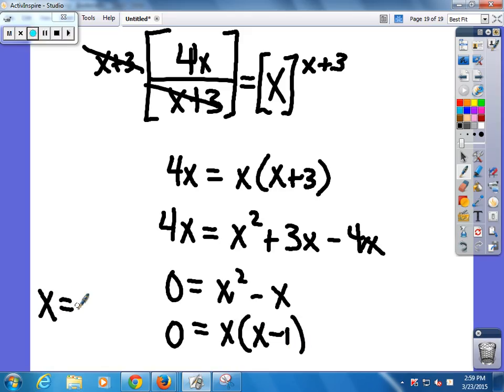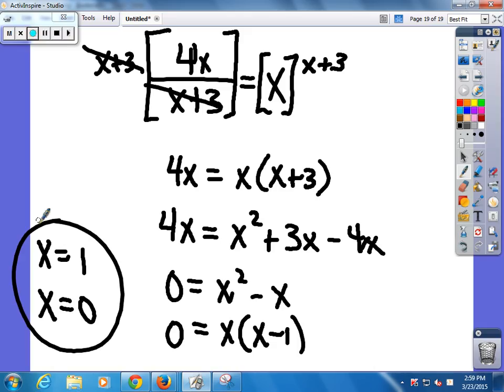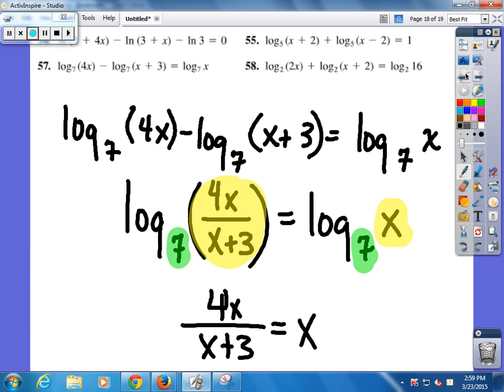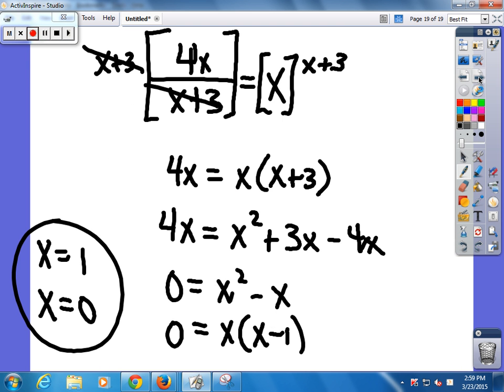X is equal to 0, or x is equal to what? 1. Now go back to the original and make sure that you don't get a negative. And 0 plus 3, that's okay. Looks like to me that's the answer, 0 and 1.